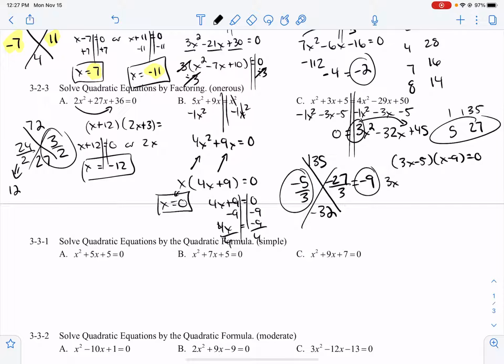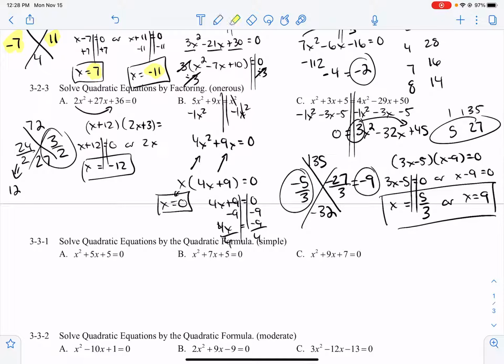So 3x minus 5 is equal to 0, or x minus 9 is equal to 0. So when I railroad track, I get x equals 5/3, or x equals positive 9. And again, those numbers are not an accident. That relationship is not an accident. That pattern keeps happening over and over again.